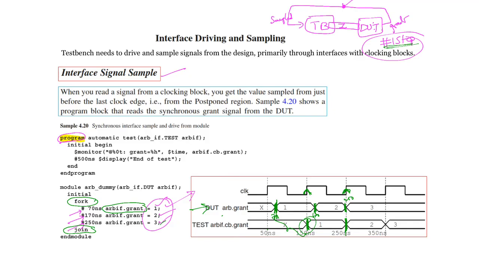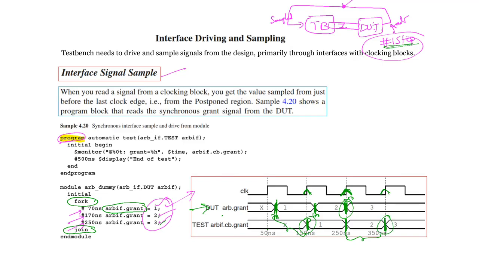Even if the grant signal changes at the positive edge itself, it doesn't have an effect at the test bench input, because it takes some time after execution of the DUT and feedback, and finally you get the value in the postponed region. That makes at most 1 clock cycle. So even if you change the value at the positive edge, this value will be effective in the test bench after 1 clock cycle.